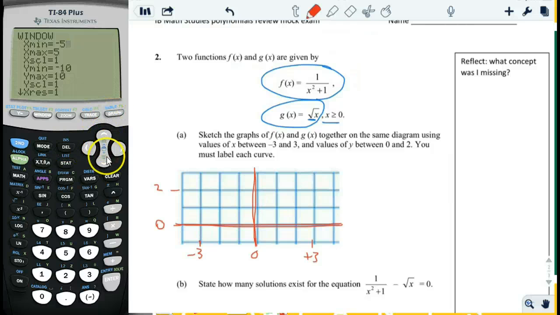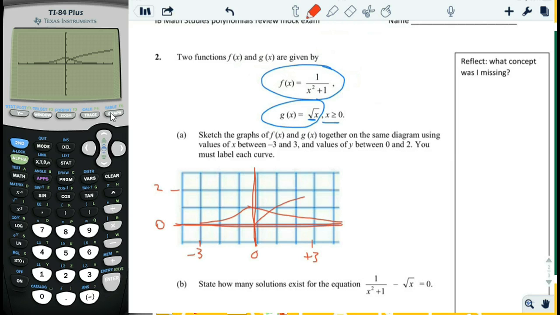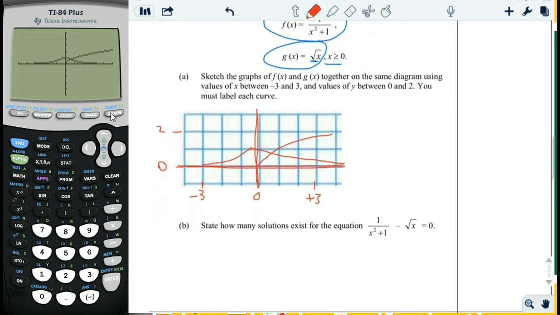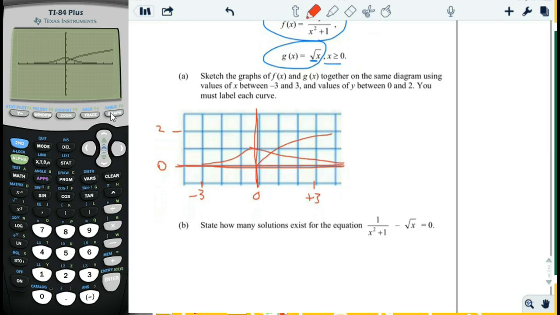Okay, and then we'll change the y min to -5 and 5 and graph. Okay, so it looks kind of like this. You must label each curve. F is this one, and G is this one.